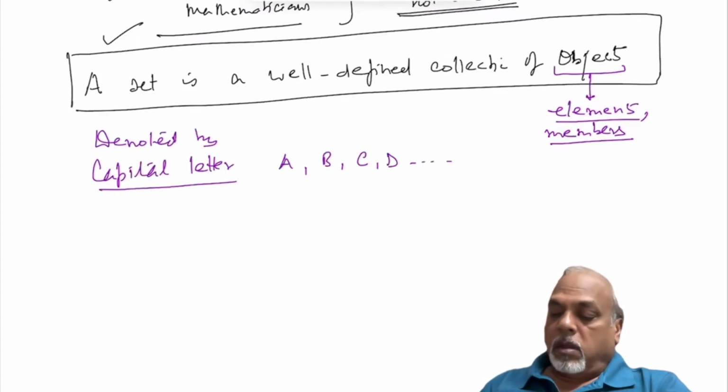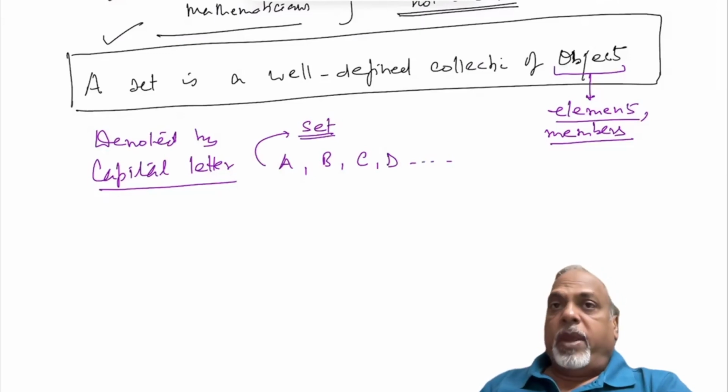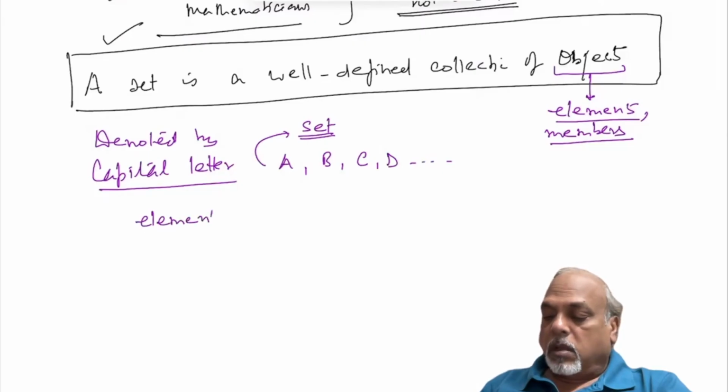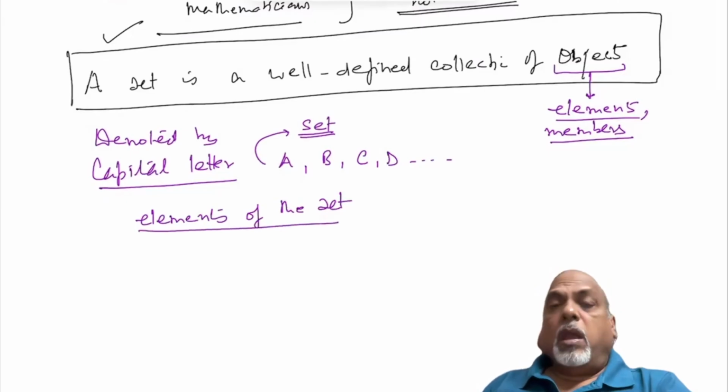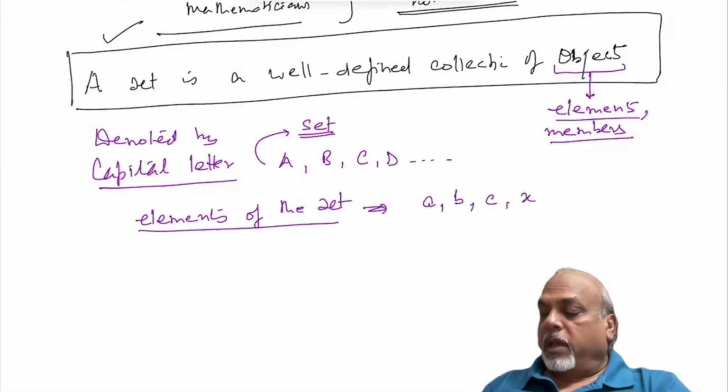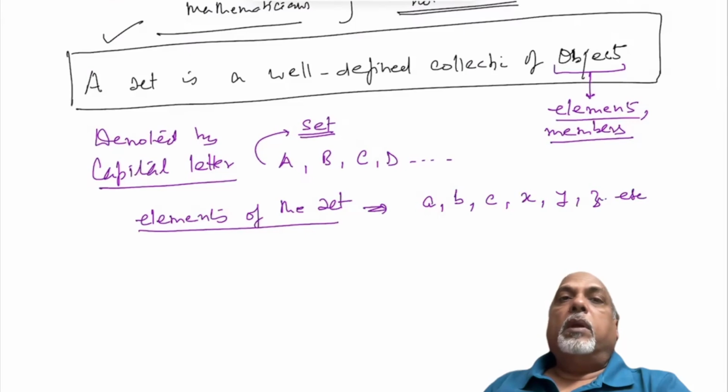And this is for the set. And what about the members of the set or elements of the set? Elements of the set are denoted by small letters a, b, c, x, y, z. Correct?